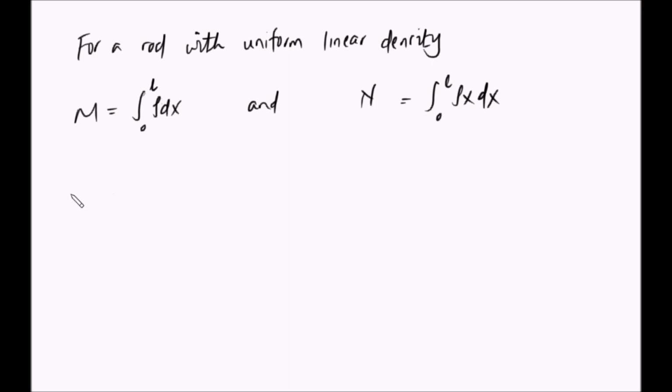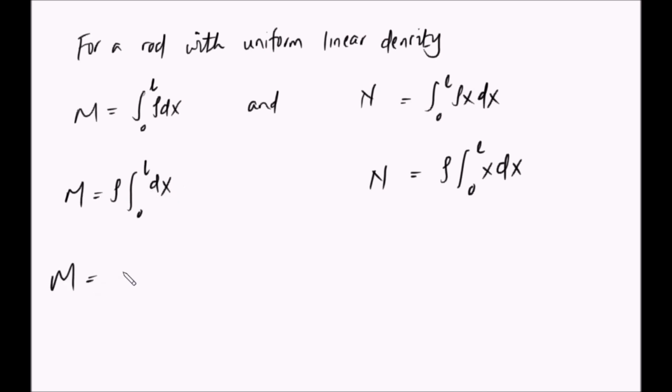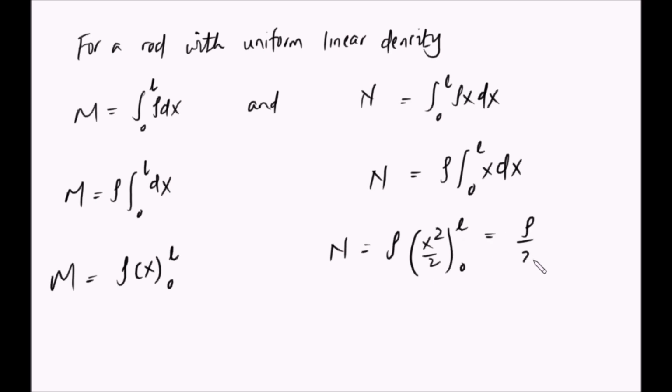So if linear density is constant, I can take it outside the integral sign. So also in the first moment I can take it outside the integral sign. So you can see I can integrate easily. It's going to be rho x, with limits of integration from 0 to L. While here, integrating x with respect to x you get x squared over 2 from 0 to L. So 2 is constant, I can take it outside, so we have x squared from 0 to L.